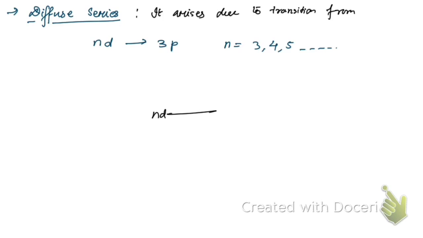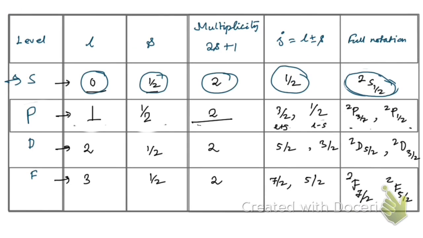This is nd. So how many levels are we going to get, into how many levels is it going to split? Let me check the table that was shown before. Here you see, for D, the value of L is 2. Small s is half, and multiplicity is 2, that's why here we're going to get 2D 5/2 and 3/2, because L plus S is 5/2.